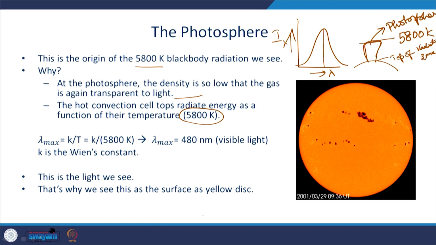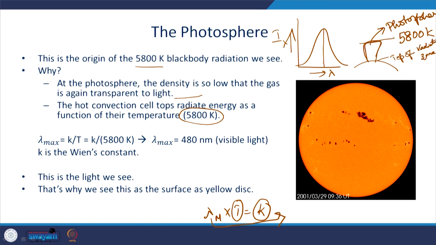The simple law that we know is that lambda maximum times temperature is equal to a constant. You call this constant Wien's constant, right. So, if you know the temperature at which the black body is radiating, it is possible for you to get the value of lambda at which the maximum amount of energy is radiated out.